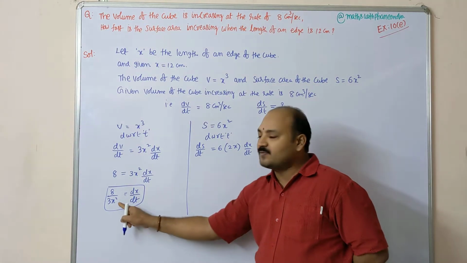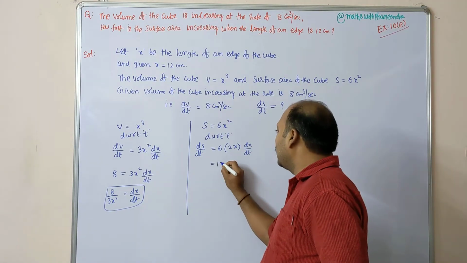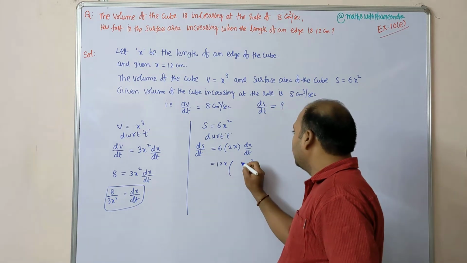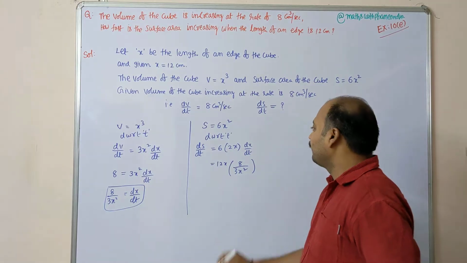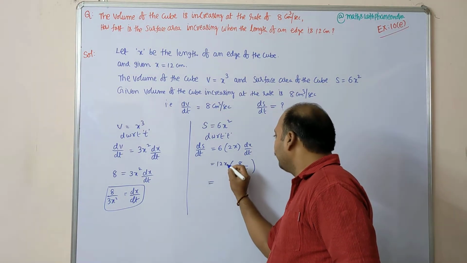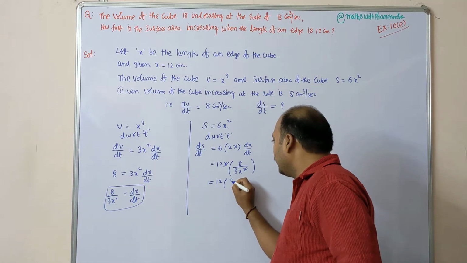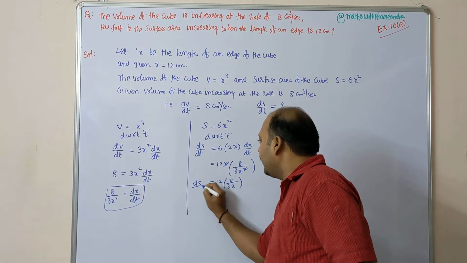What is the value of dx by dt we have here? So 6 into 2x is 12x. In place of dx by dt, replace with 8 by 3x square. So here one of the x cancels, 12 into 8 by 3x. That is ds by dt.